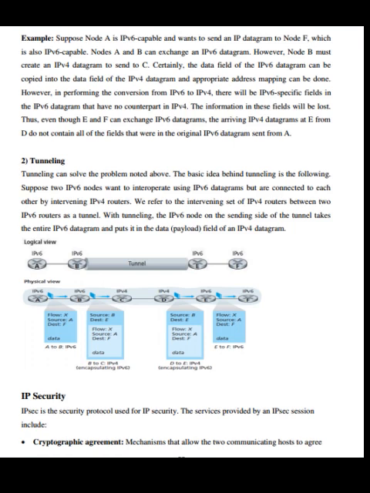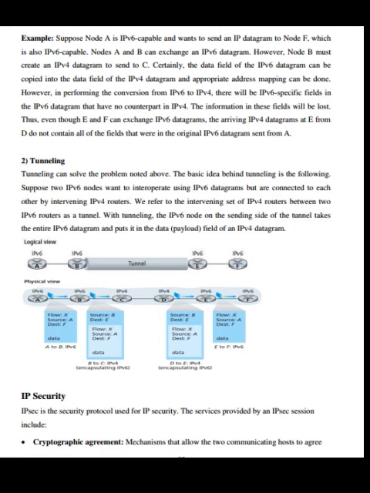Now let us see tunneling. Tunneling can solve the problem noted above. The basic idea behind tunneling is the following. Suppose two IPv6 nodes want to interoperate using IPv6 datagrams but are connected to each other by intervening IPv4 routers.